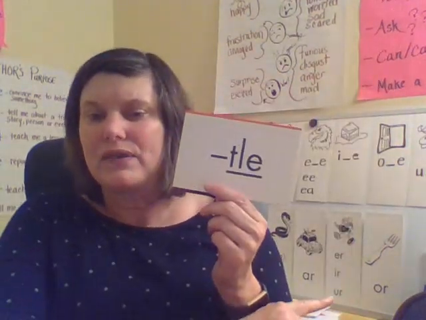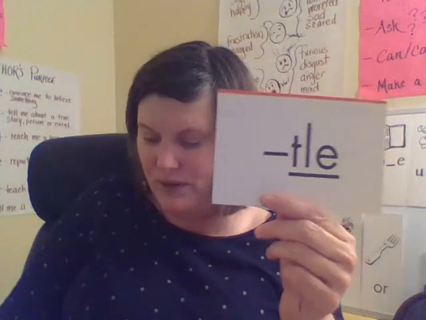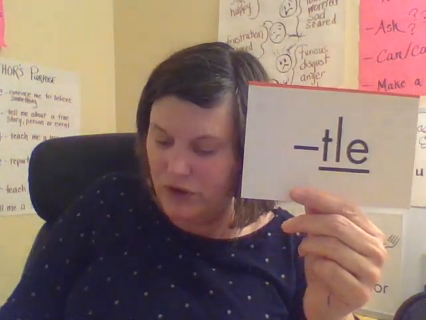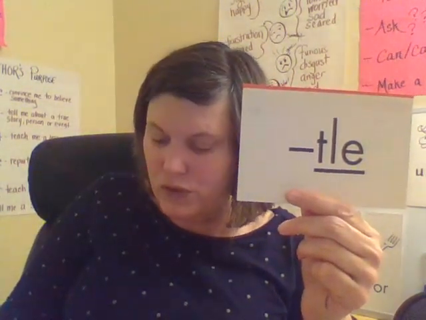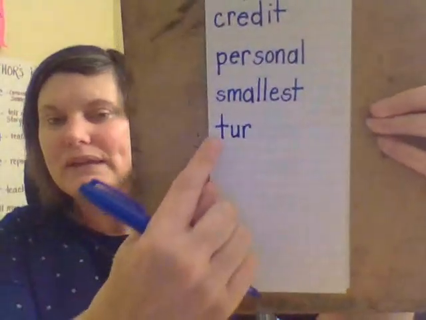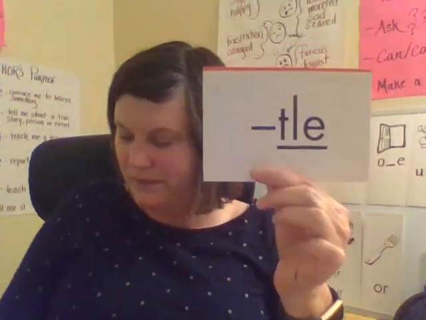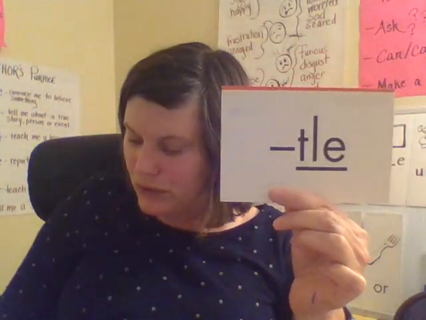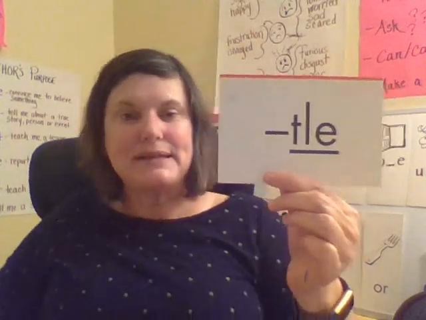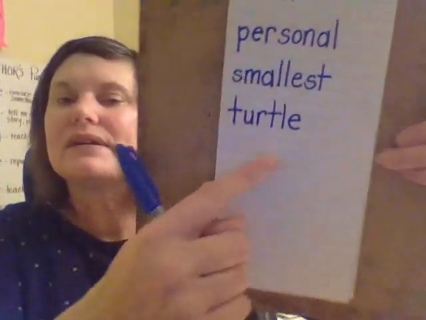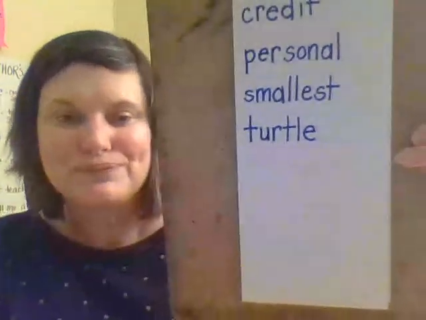And I hear the sound, which is one of our R-controlled vowels. So tur, which is spelled like this, tur. And then tle. So just add the tle sight syllable to the end. And then you have turtle.